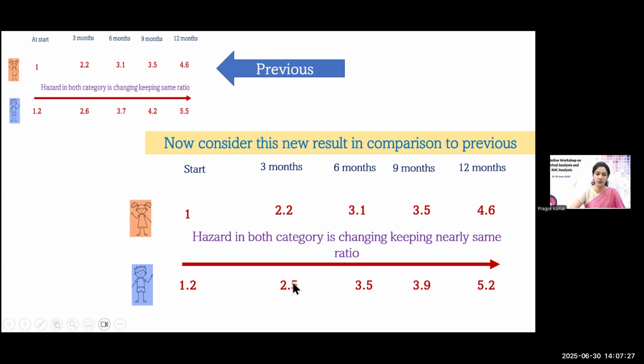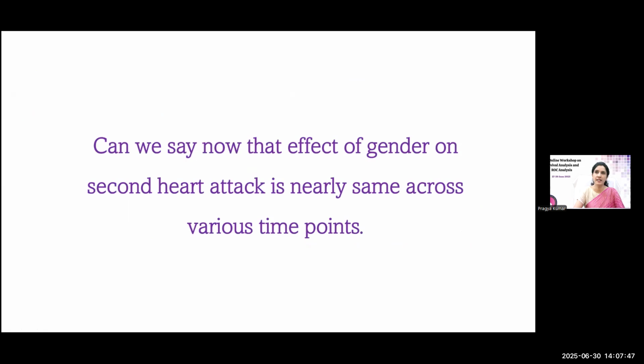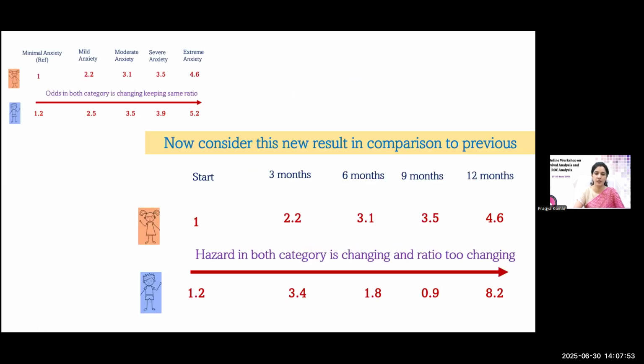If you take the ratio 2.5 versus 2.2, 3.5 versus 3.1, 3.9 versus 3.5, and 5.2 versus 4.6, then also you can say it is nearly the same. You can calculate it. I am not doing it right now, but it will be nearly 1.2. So in that case you can say that the effect of gender is not exactly the same, but nearly the same across various time points.